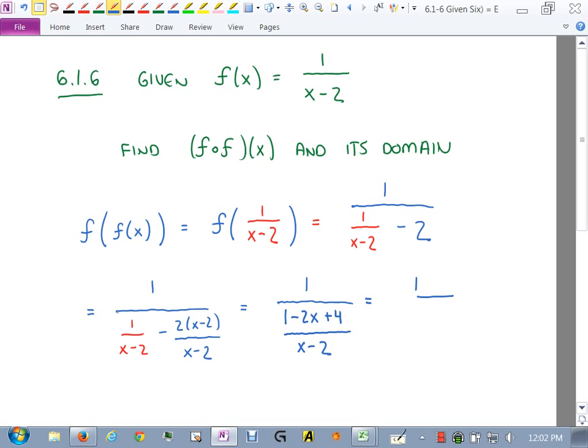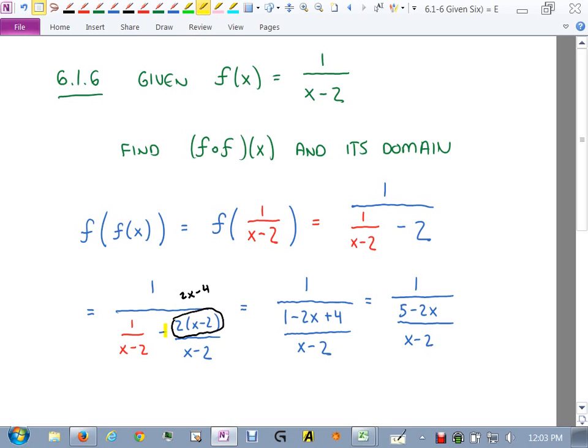Which is the same as 1 over 3 minus 2x over x minus 2. Not 3. It's 5 minus 2x. Yeah, you have 1 plus 4. See this negative sign here? These together is 2x minus 4.